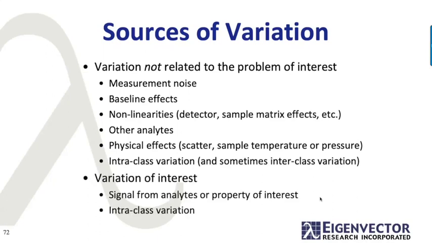Our variation of interest is really the signal from the analytes or property of interest. If we were doing a classification problem, we're most interested in the between-class variation, and that is the variation that separates classes apart from each other. And we sometimes call all these things right here clutter.